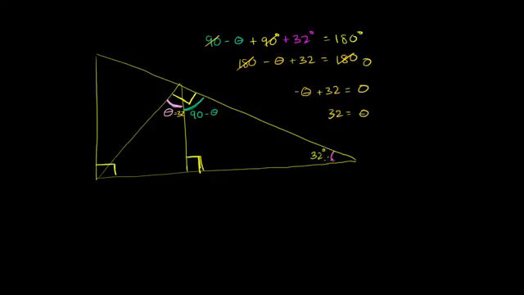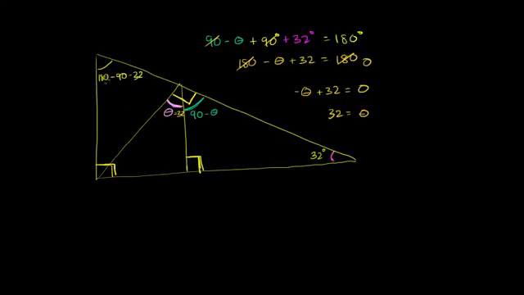There's other ways that we could have done the problem. Actually, there's a ton of ways we could have done this. We could have looked at this big triangle over here, and we could have said, look, if this is 90 degrees over here, this is 32 degrees over here, this angle up here is going to be 180 minus 90 degrees minus 32 degrees, because they all have to add up to 180 degrees.